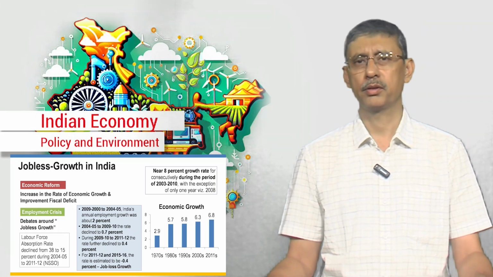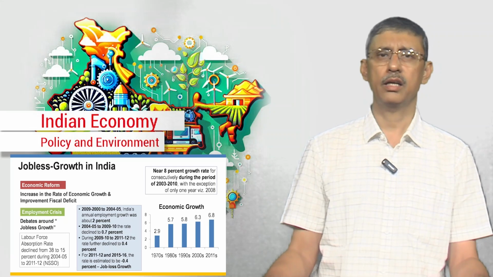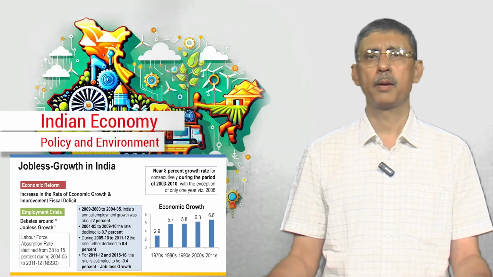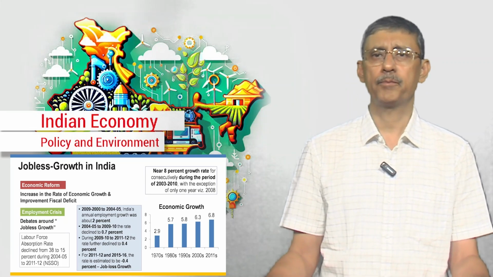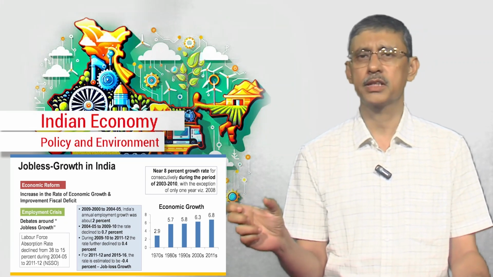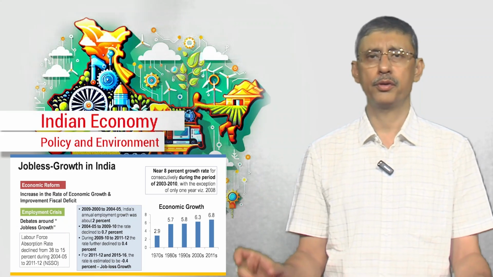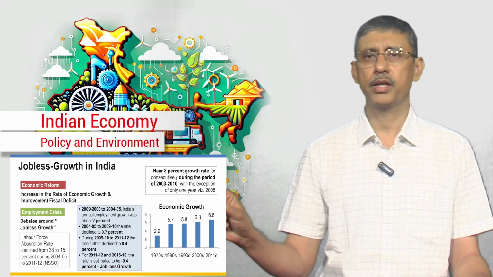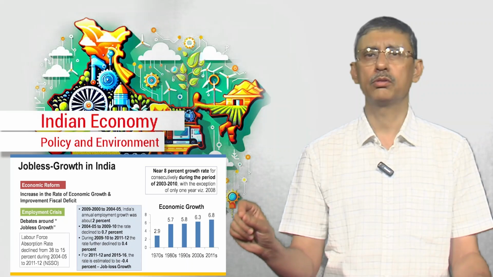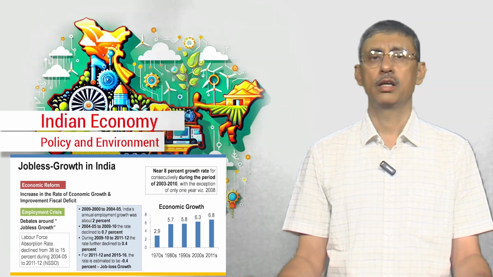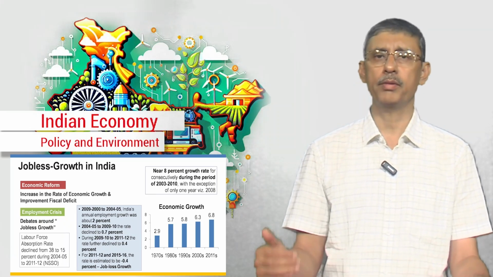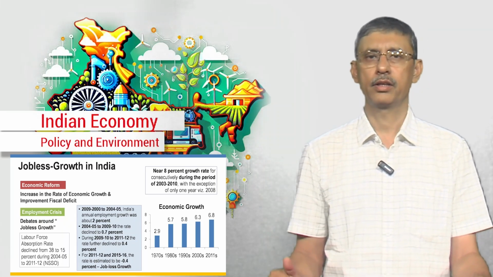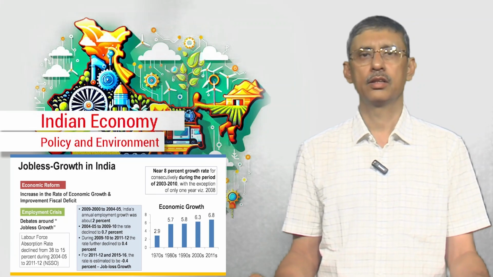And if we see, that is not happening. For instance, if you look at the period of high growth, with around 7%, 8% growth rate during the period 2003 to 2010. Now, during the period, you will see that employment growth has been declining.